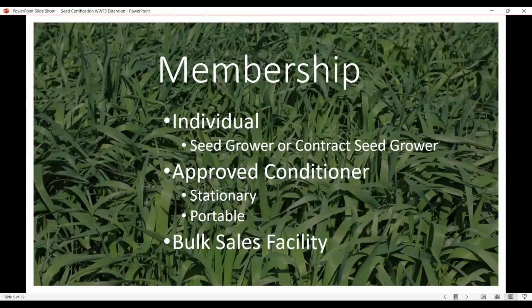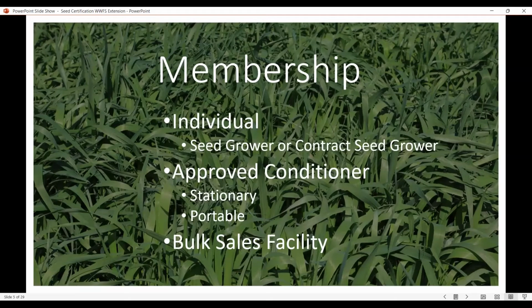What does it take to be a member or to be in certification? First, you need to be a member. This is done by an individual seed grower, or now we require contract seed growers to be members. The reason that we require the contract growers to be members is a few years ago, there was an unexpected death of one of the contractors for the seed growers.